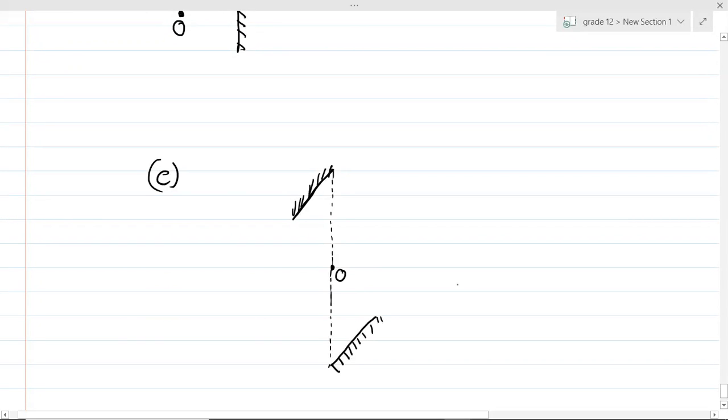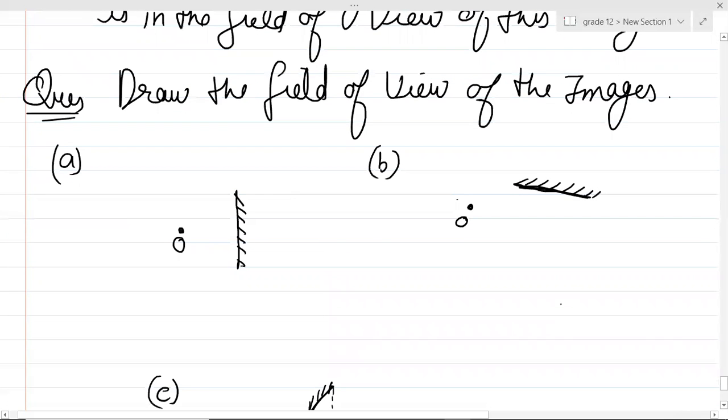So guys, I have given you 3 cases in which you have mirrors and they have been given objects and they have asked you to find out the field of view of the images so found, right?